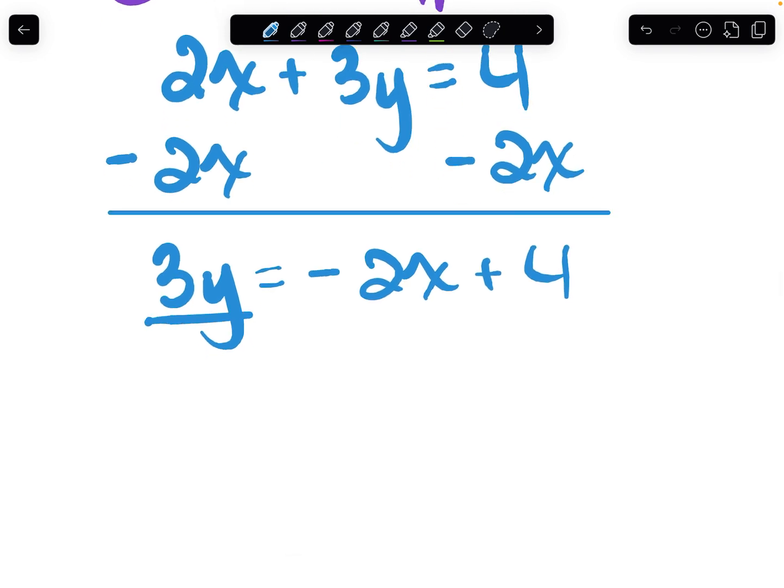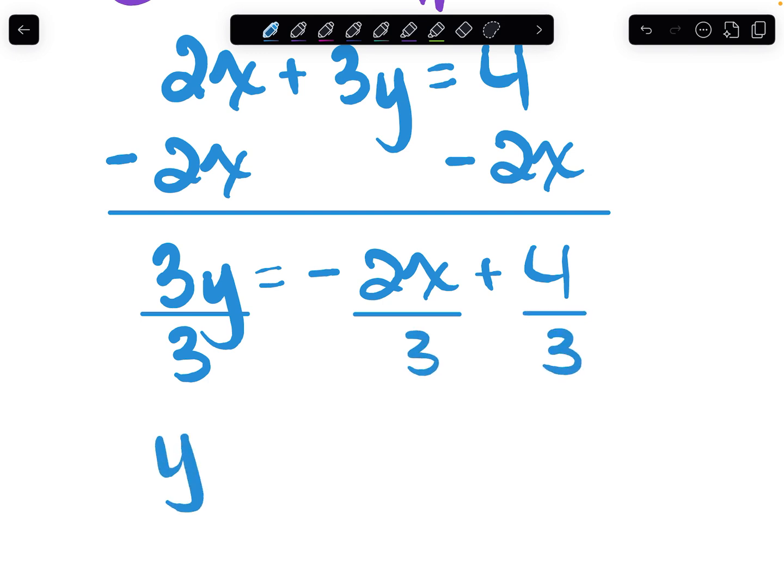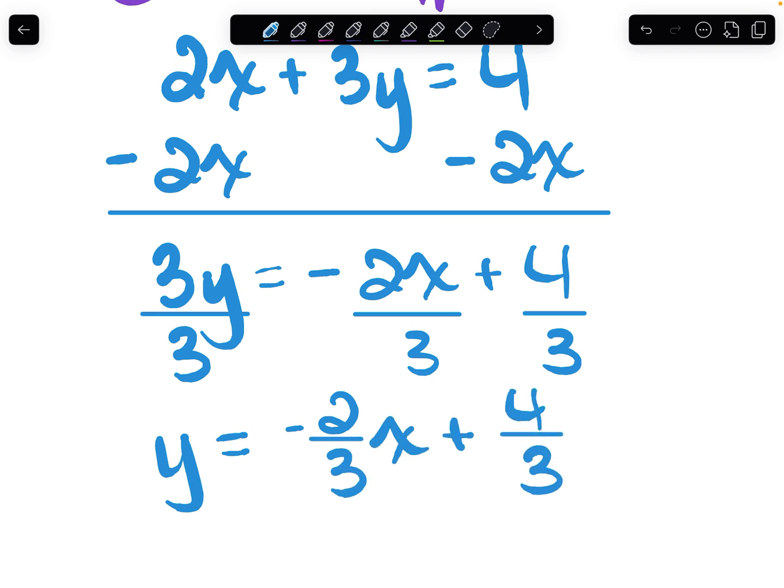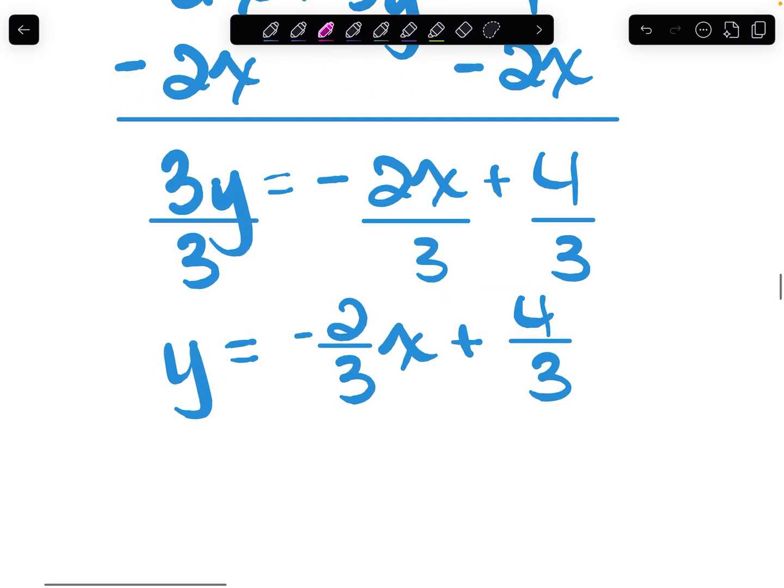I'm going to divide by 3. So we get y equals negative 2/3 times x plus 4/3. So the slope of this line is negative 2/3.